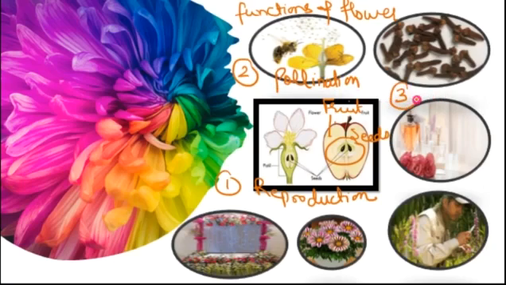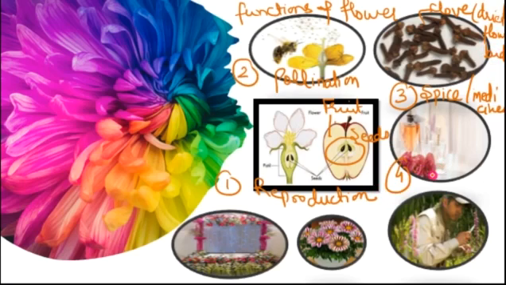Third, a few flowers are used as spices or in making medicine. Like you can see here, the clove, a dried flower bud, is used as a spice. Next, the petals of some flowers are used in making perfumes.